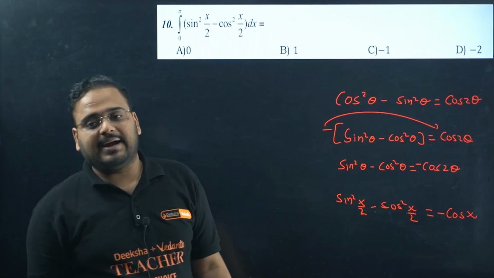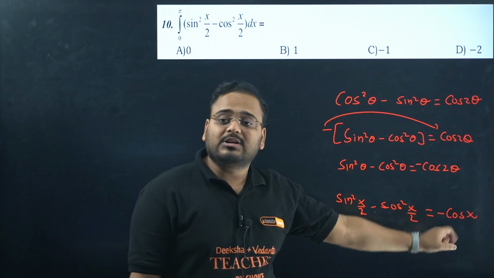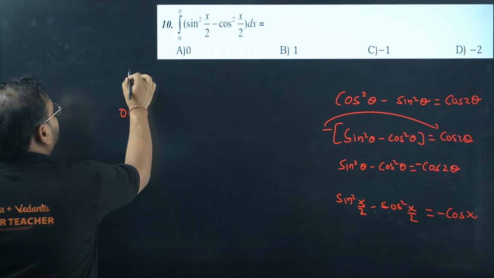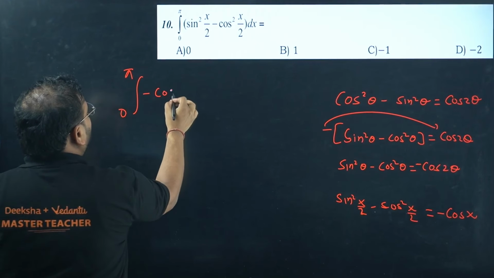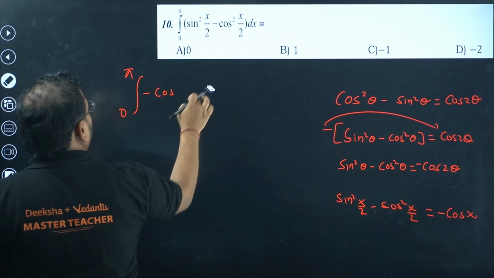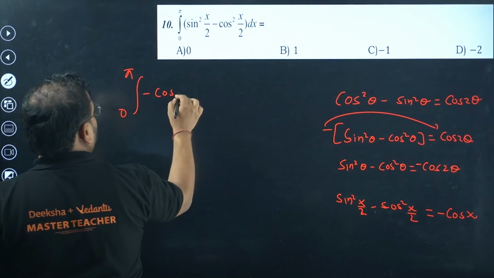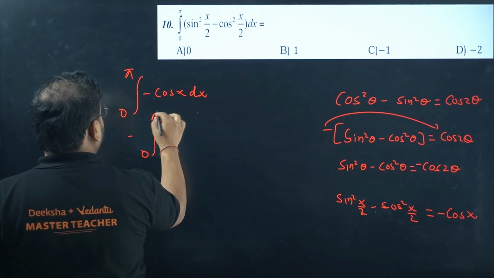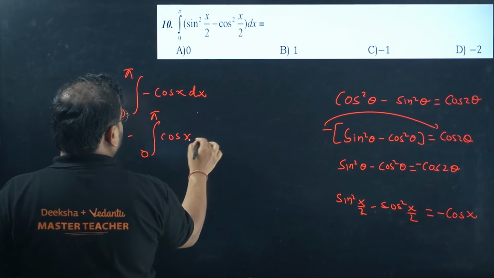If theta is x by 2, compare on the left hand side, then 2 theta will be simply x. So this integration becomes what? 0 to pi minus cos theta. My bad. Cos x. Cos x dx. Take the minus sign outside. 0 to pi cos x dx.